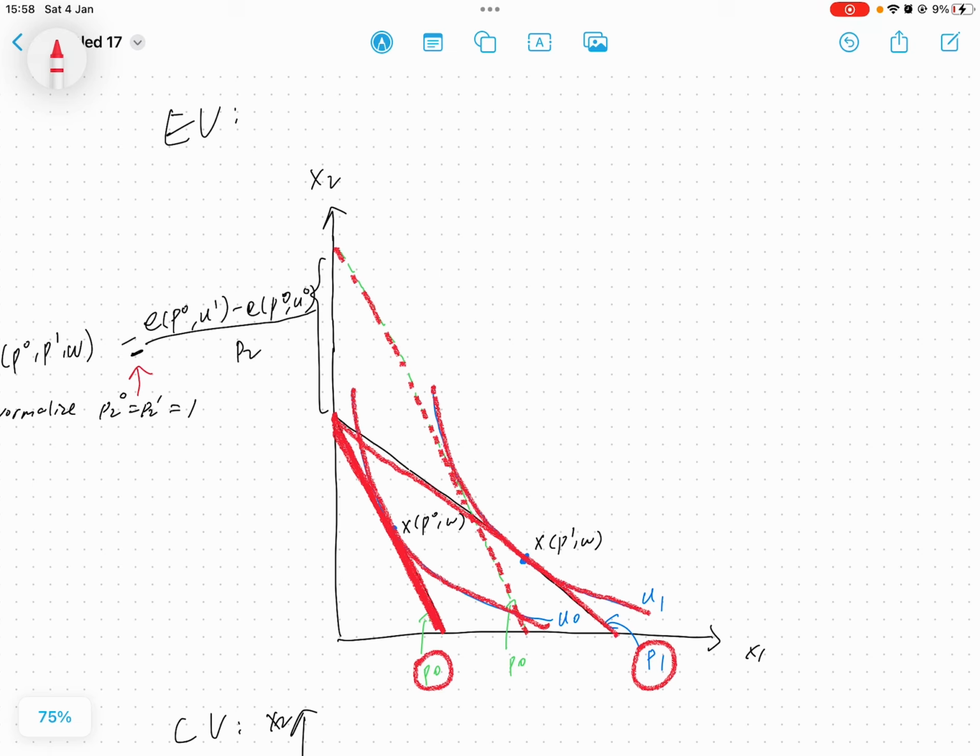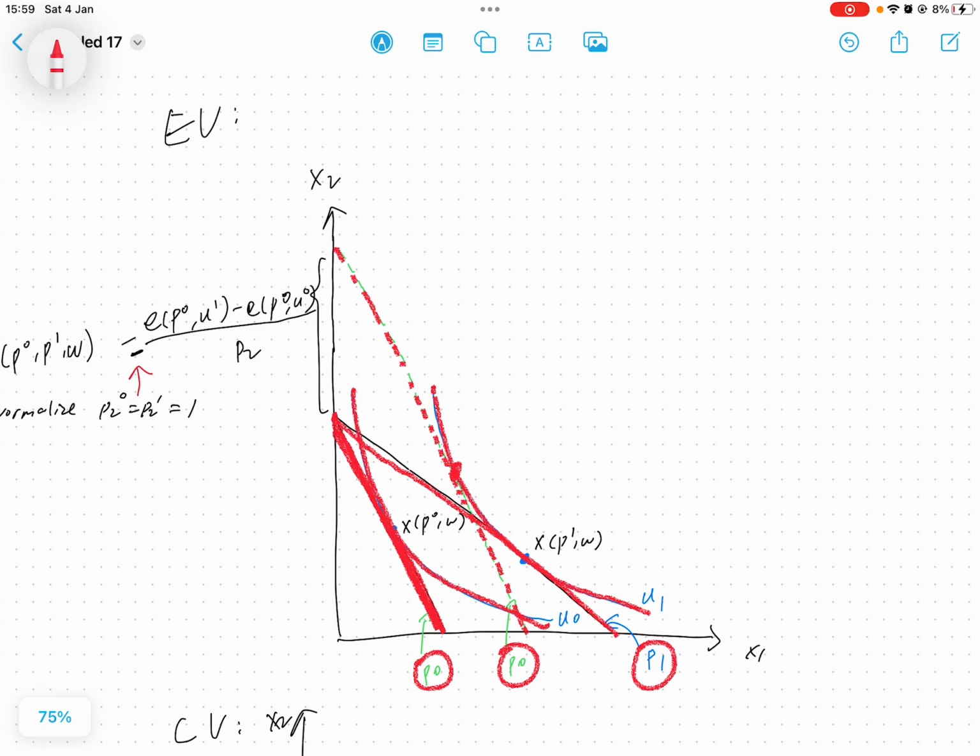This dotted line here will be the new budget containing the old price P0. In this case, we can find this consumption set and calculate the expenditure, which contains the old price P0 and achieves the new utility U1.